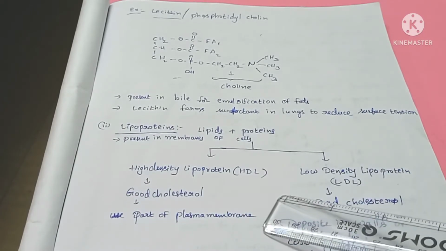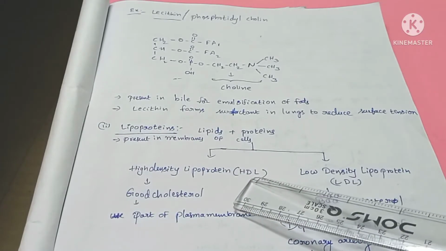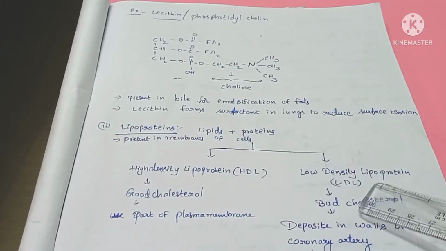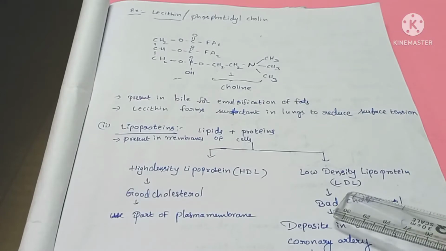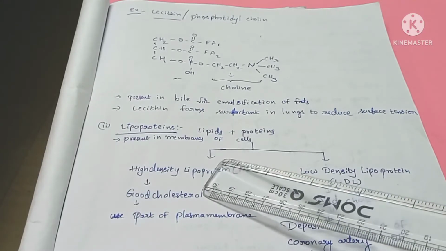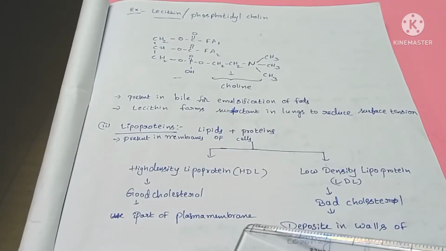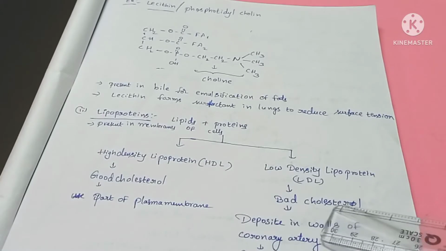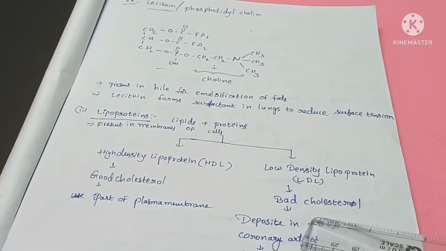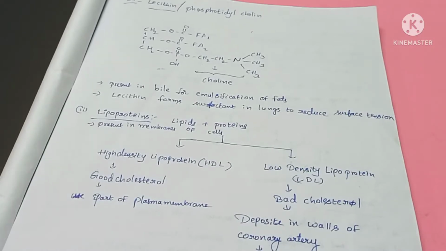High density lipoproteins are called HDL for short, and low density lipoproteins are called LDL. High density lipoproteins form the good cholesterol and are part of the plasma membrane, whereas low density lipoproteins are commonly called bad cholesterol because they deposit in the walls of the coronary artery.